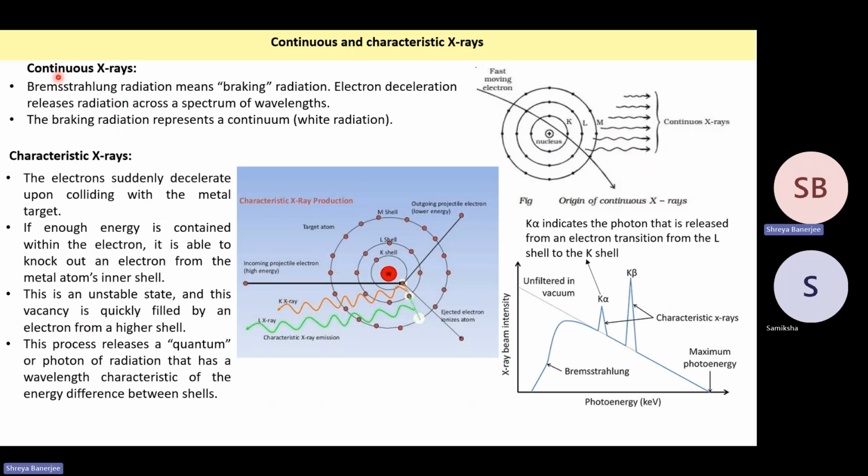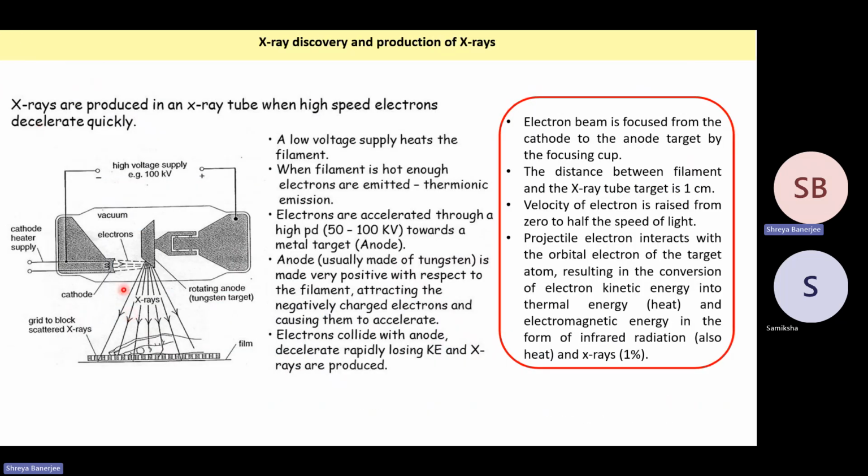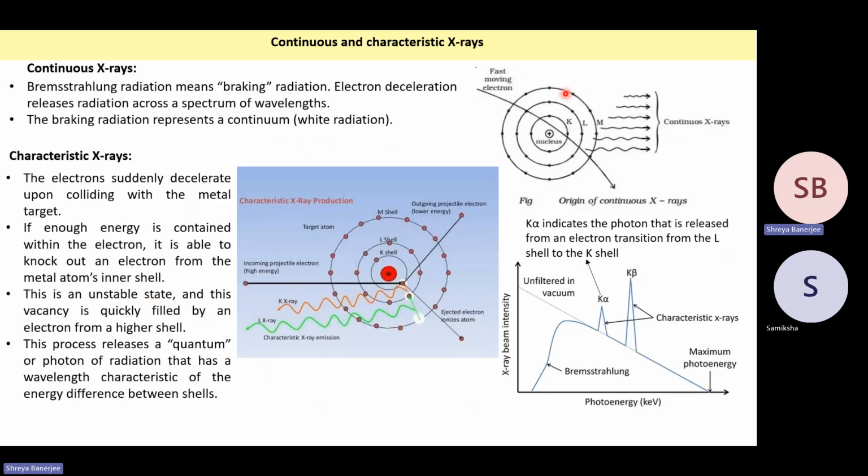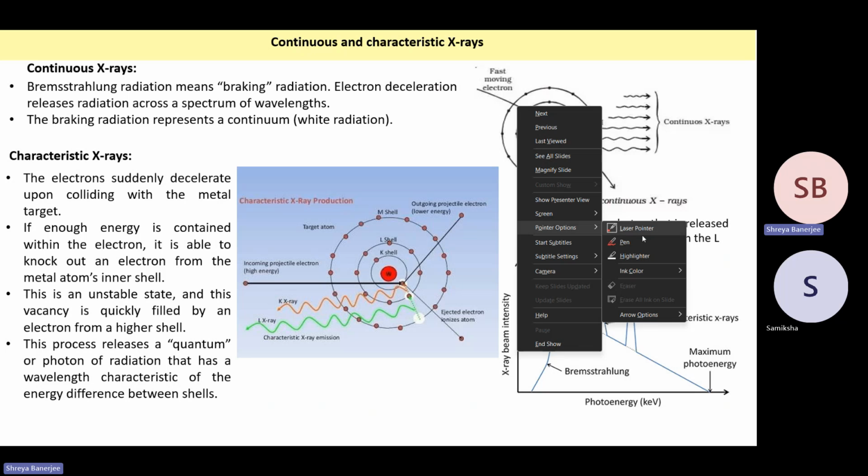So there are two kinds of X-rays. One is the continuous X-ray. How this is formed is that, you know that if the cathode is heated, electrons are produced from the cathode, and these electrons strike the anode and lose energy, which results in the formation of X-rays. When the electron released from the cathode passes through the atom of the anode, the electron loses some acceleration.